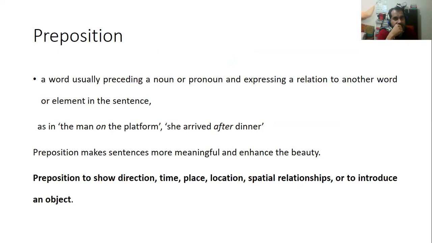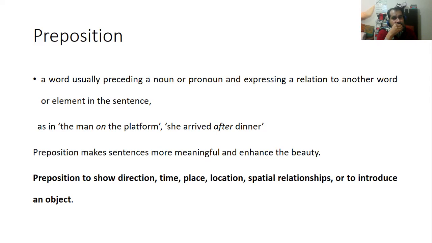On the platform, you see, platform is a noun, and before this noun there is the italic word on. So this on brings the balance in the sentence, and it shows the relationship between platform and the man in this sentence.